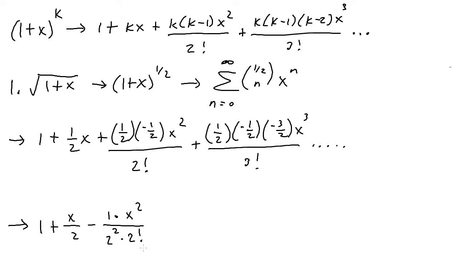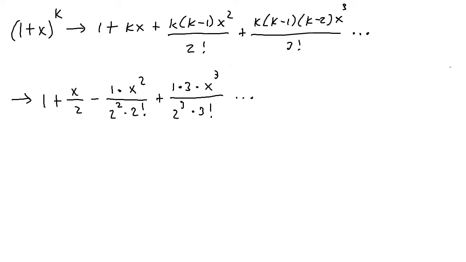The reason I'm doing this is so that I can recognize patterns and then rewrite it as a power series. For the next one, the negatives will cancel, so we have a positive, and then we have 1 times 3 times x cubed over, now there's 3 2's, so it's going to be 2 cubed times 3 factorial, and so forth.